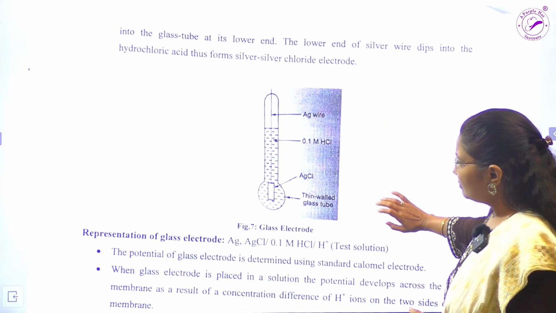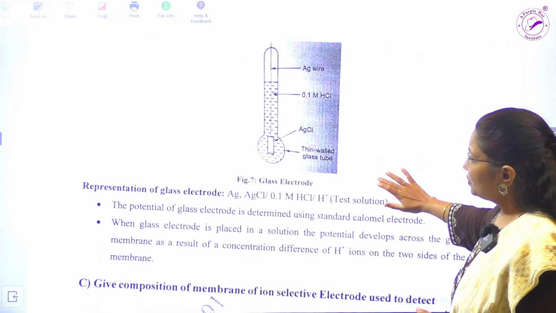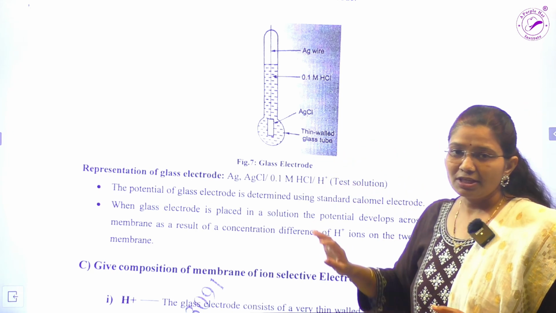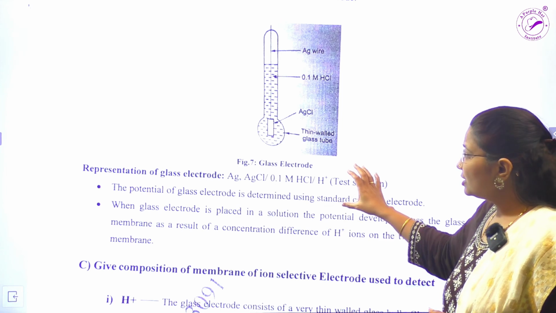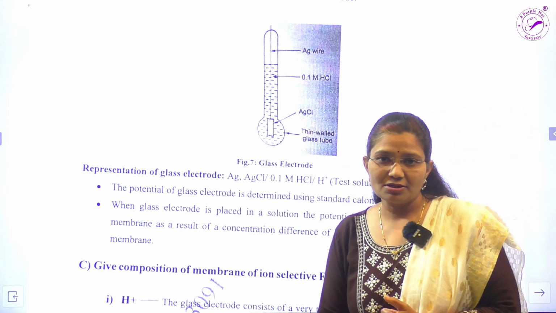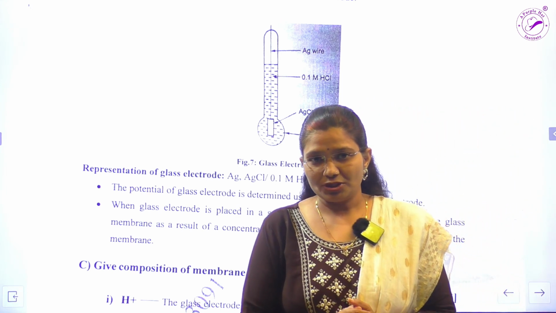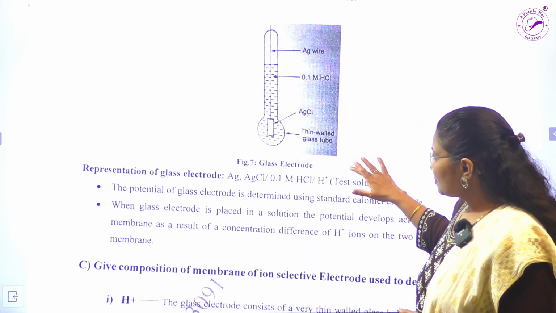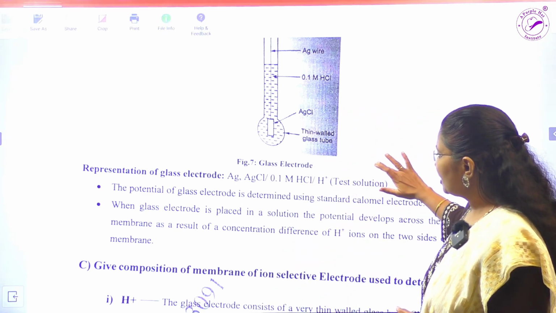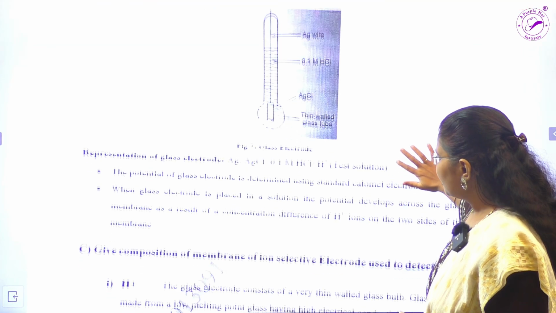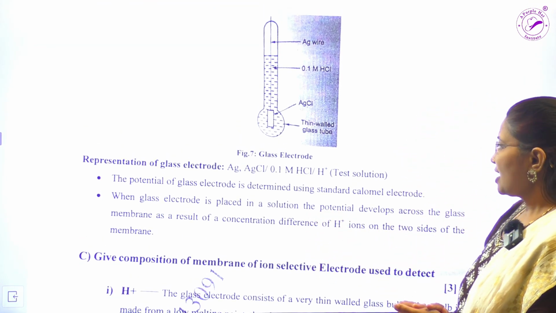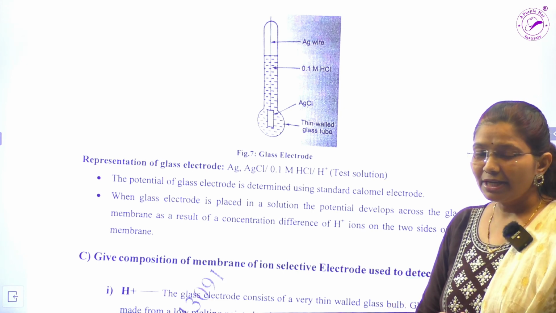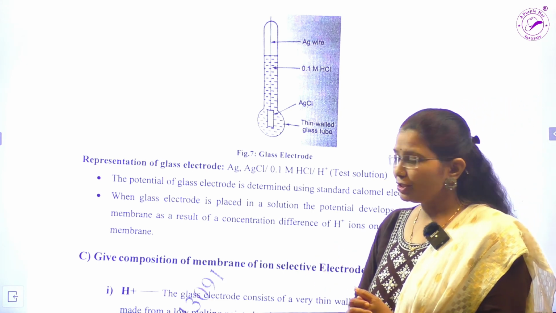Then working. In the working, you can write down the representation of the glass electrode and how it works, how it measures the H plus ion concentration from the test solution. The potential of this glass electrode can be determined with the help of a standard calomel electrode.